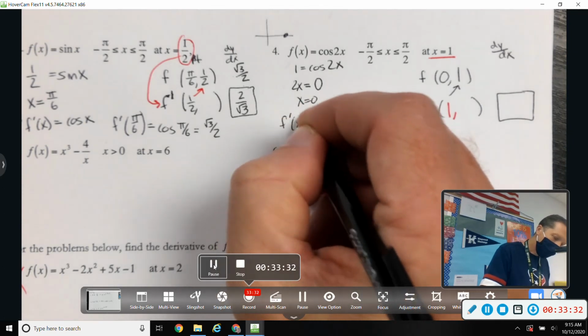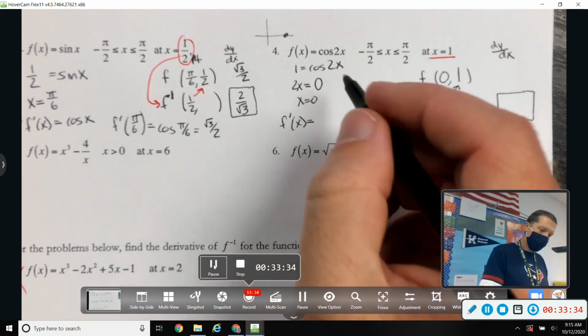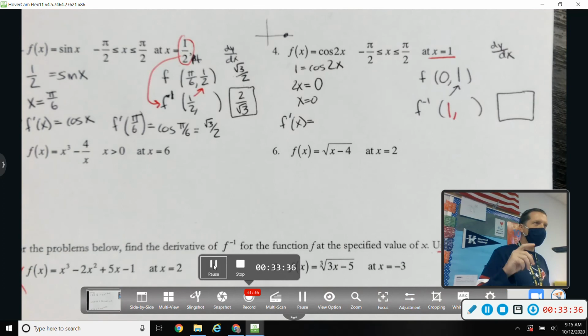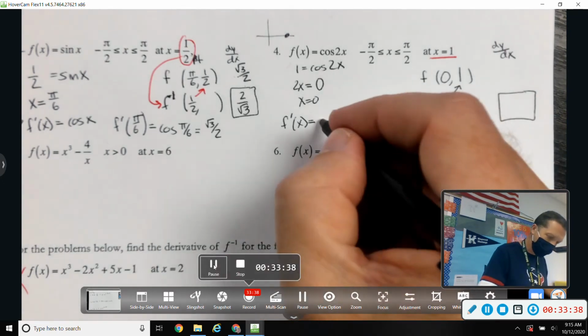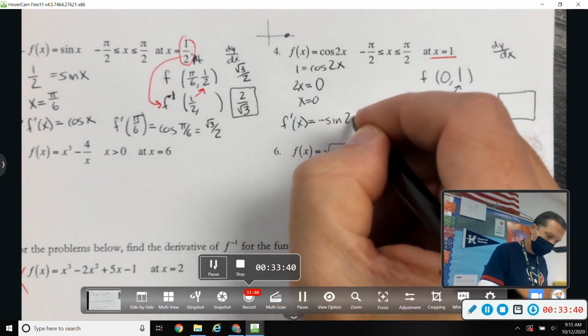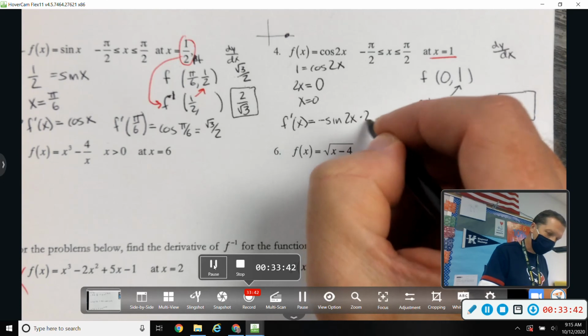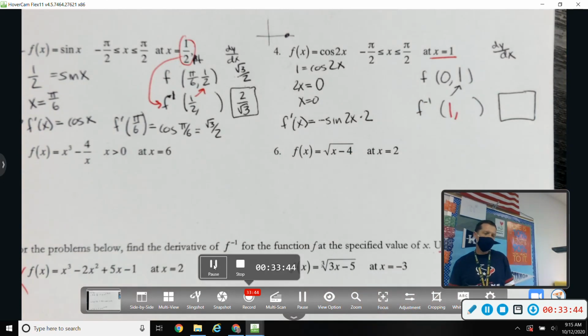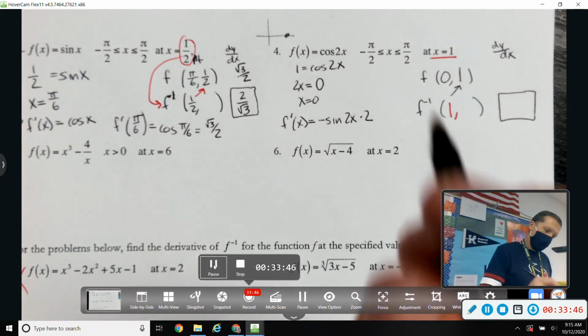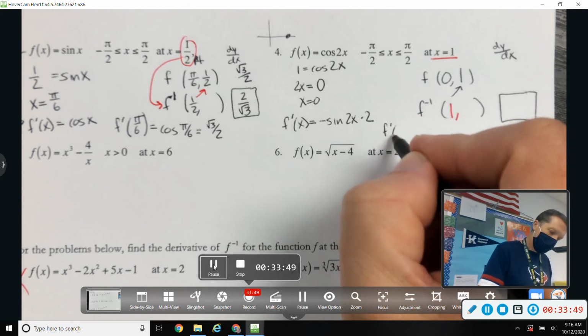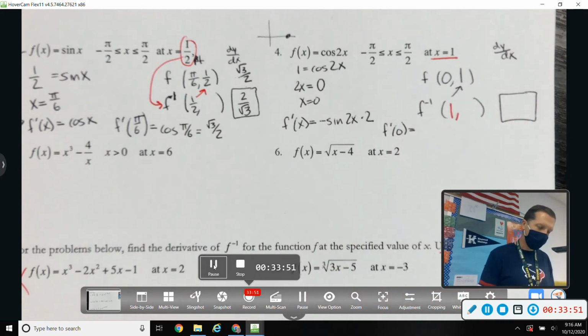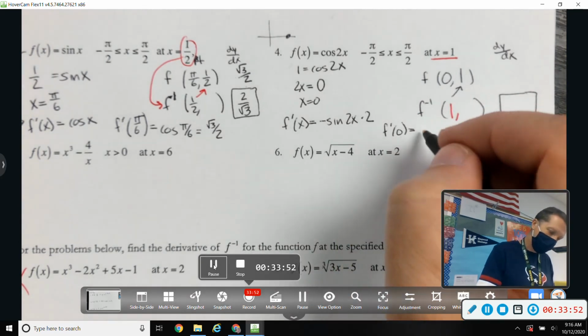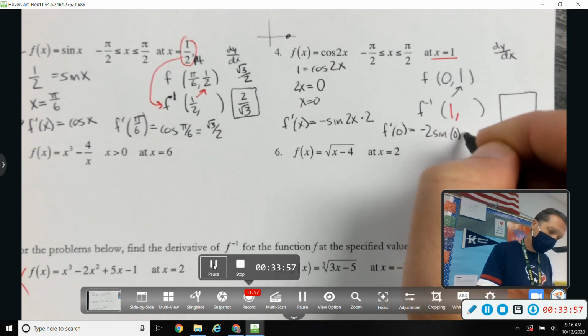So f prime is, oops, this is the other way. Derivative of cosine is negative sine of 2x, and then times 2, chain rule. At 0, hey, we're going to get through with this one, I think. Negative 2 sine of 0.